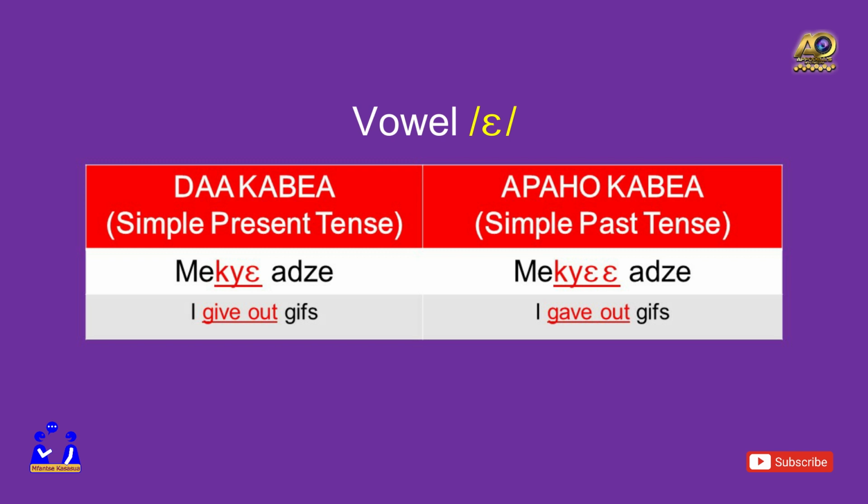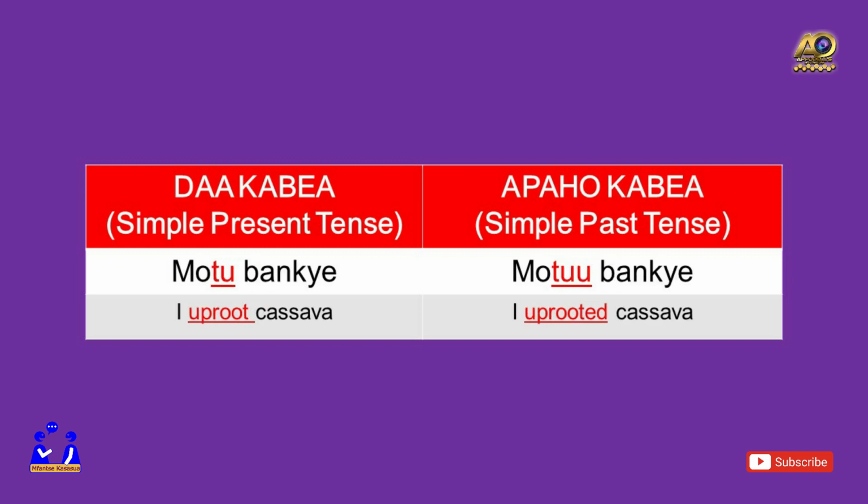And doubling it, we have meche adze. We continue. We have this one. Tu is the verb. So we have mutubanchi. Doubling the vowel, that is u, and which is u in Fante, we have mutubanchi.